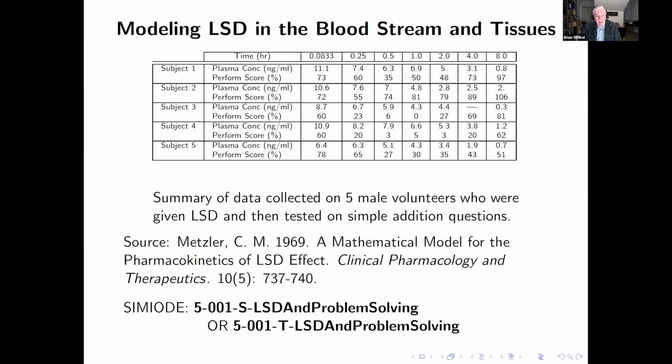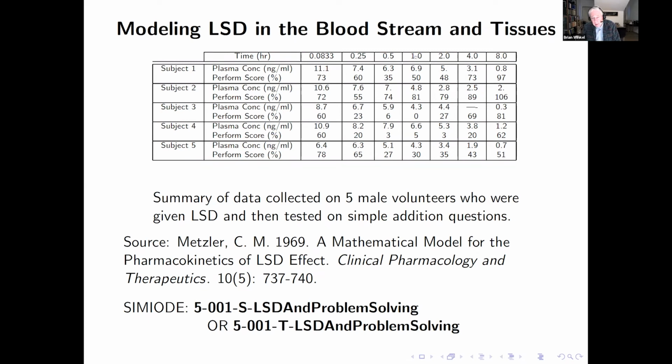And what we have is everybody had the same amount. They all have slightly different body weights, but this is the plasma concentration in nanograms per milliliter after about 1/10 of an hour. So subject 1 had 11.1 nanograms per milliliter. And they gave them an arithmetic test and recorded their scores.